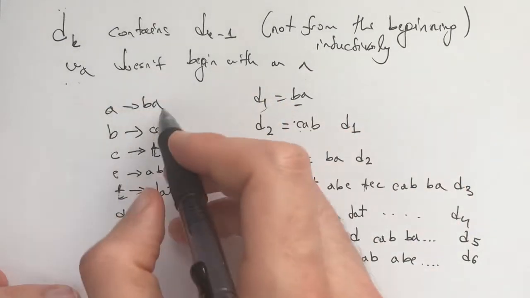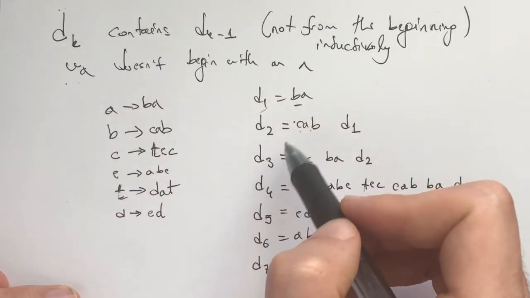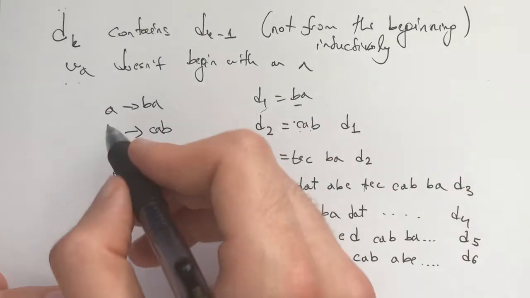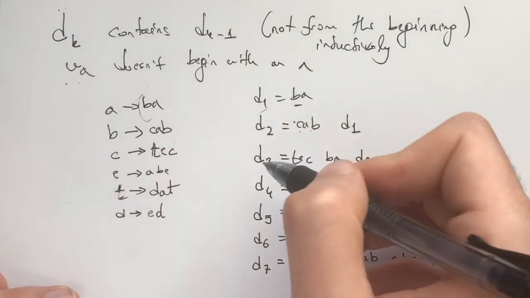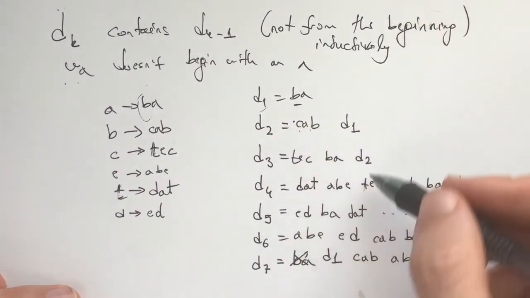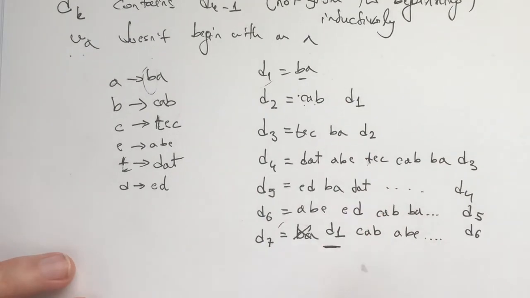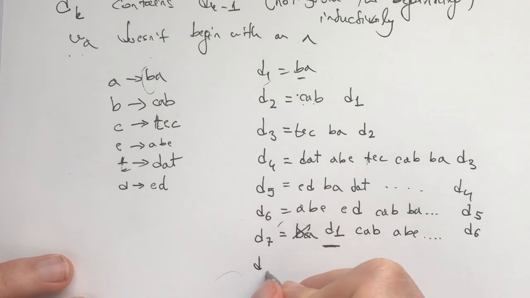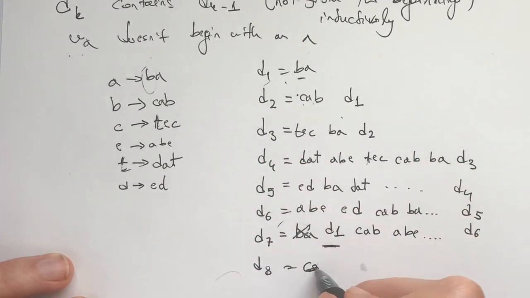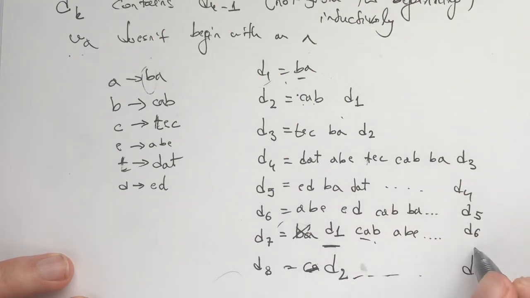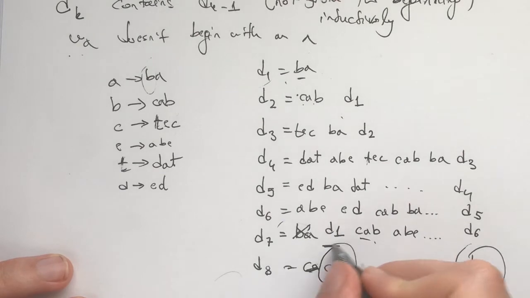So what we have here, just looking at this example, we see at some point we will run into the same letter at the beginning that we had previously. And then we have D1 at the beginning. And then for D8, we will have D1 going to D2 at the beginning and something else in D7. But D7 contains D2.